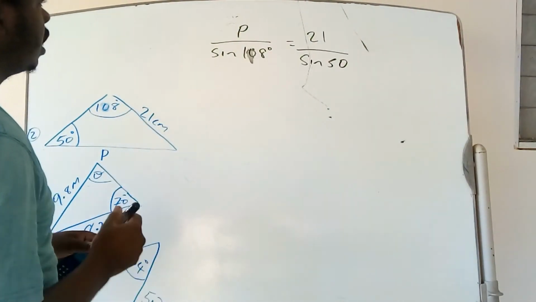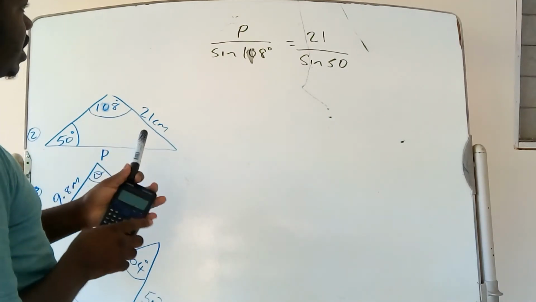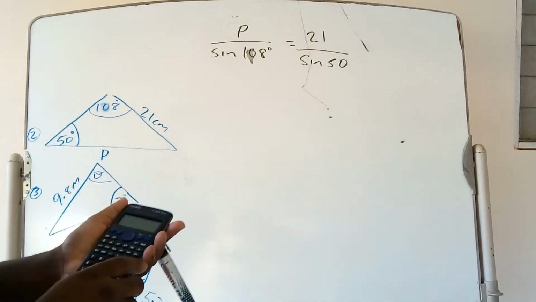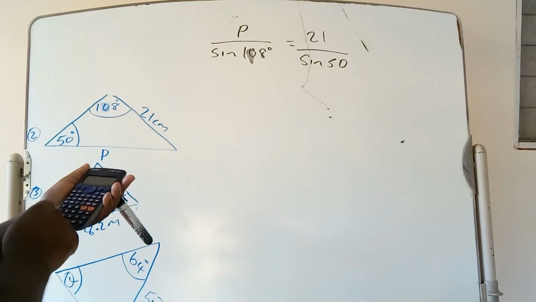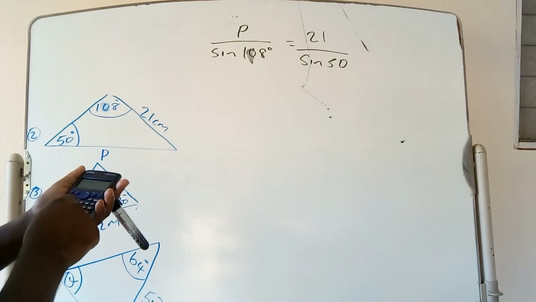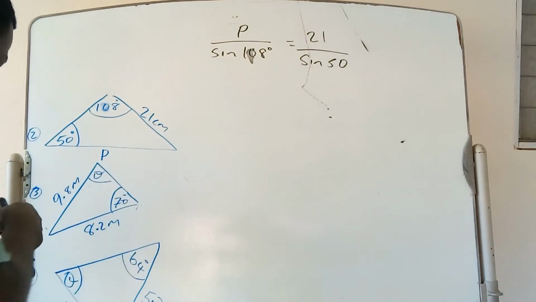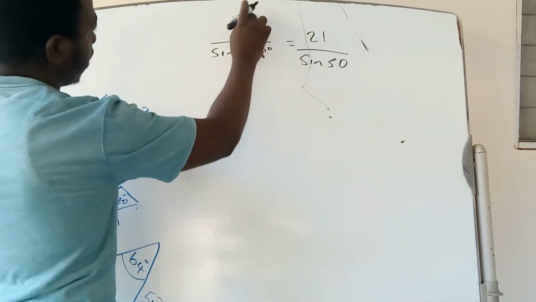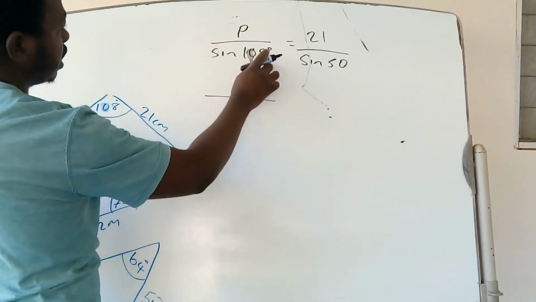Again, let's show a different approach in this case. I'm going to find what sine of 108 degrees is. First I write back my P, so this is P over sine 108 degrees.